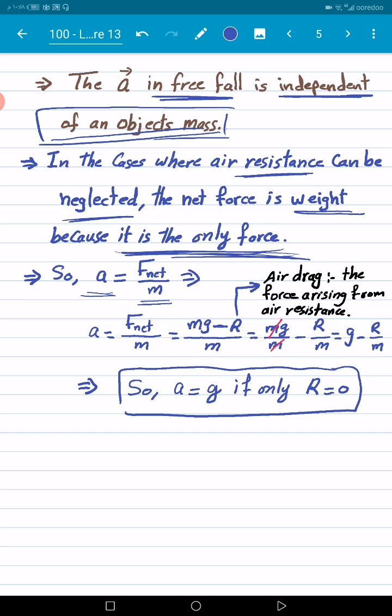So F net is equal to mg. If we have the air drag, قوة السحب, it is the force arising from the air resistance. هي قوة السحب التي تقاوم الهواء, air drag. So when it is equal to 0, that means the object accelerates under gravity only.